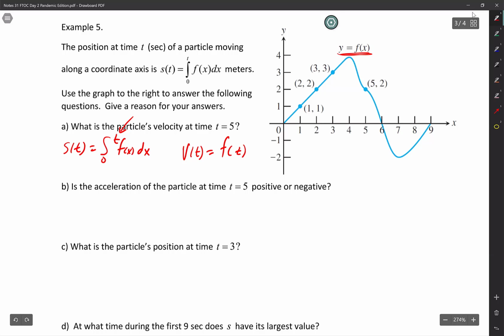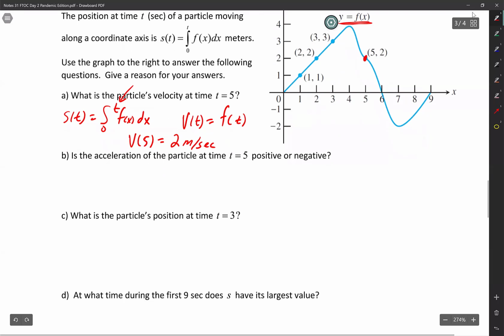Change the x to a t. So I go to 5. V of 5 is equal to 2. It doesn't have units. Well, I guess we could put units, meters per second. Yeah, we can put units. Are we okay with that one, guys?